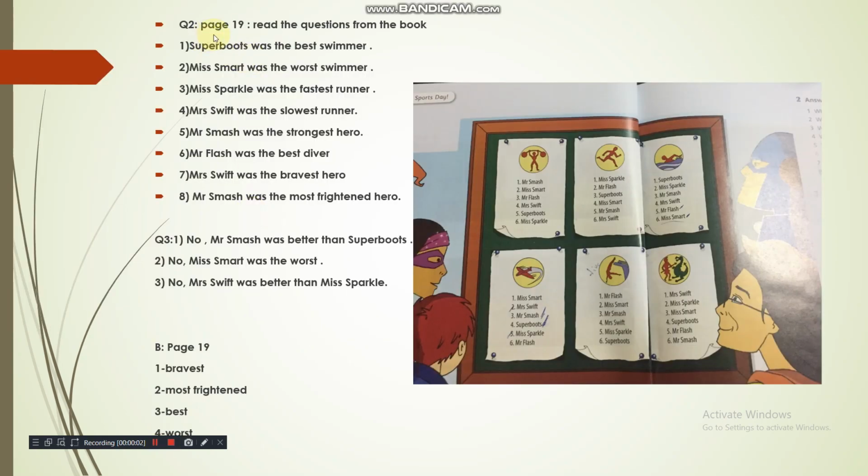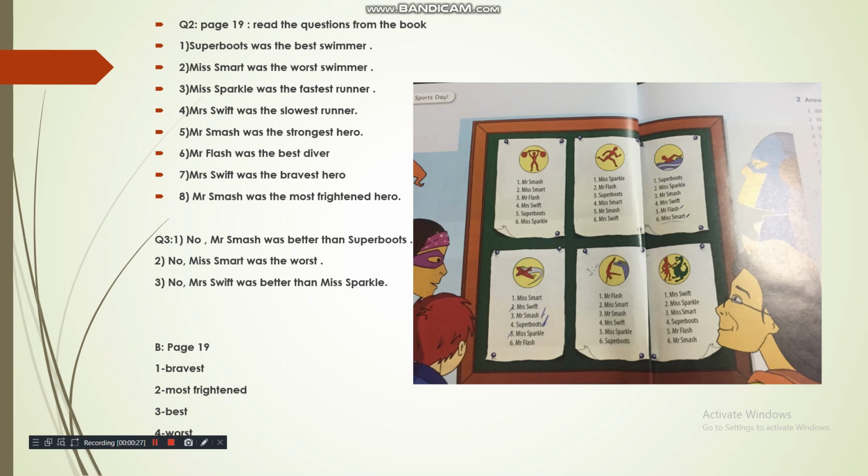Now open your pupil's book, page 19. Question 2. Read the questions from the book. 1. Who was the best swimmer? Super Boots was the best swimmer. 2. Who was the worst swimmer? Mrs. Smart was the worst swimmer.